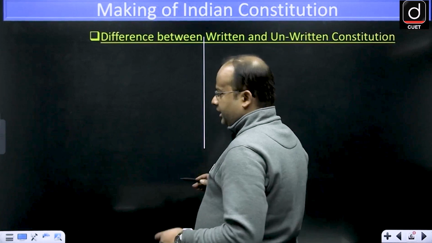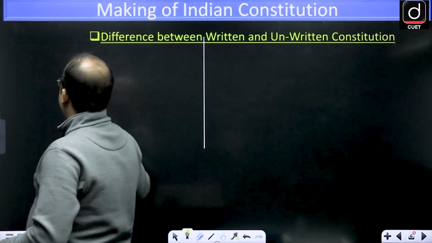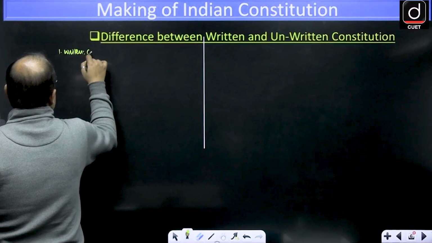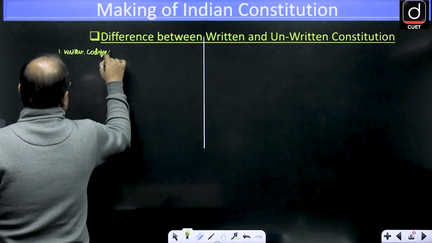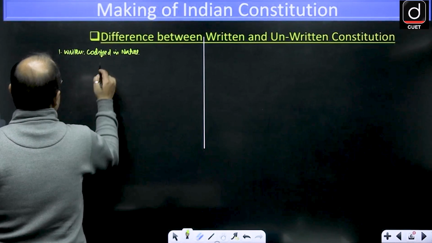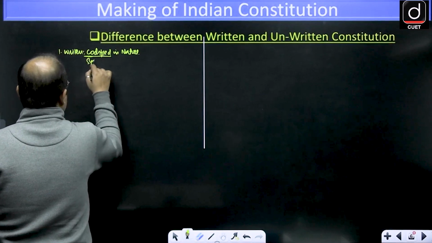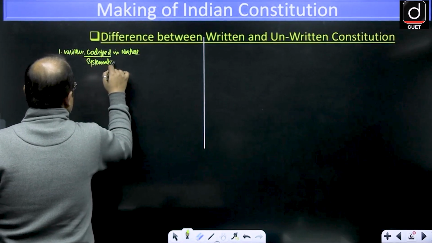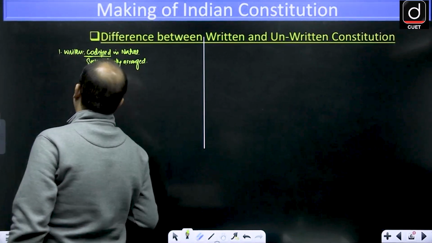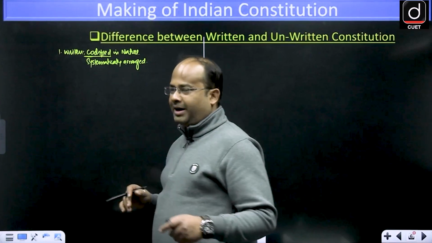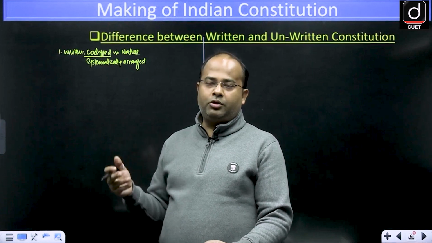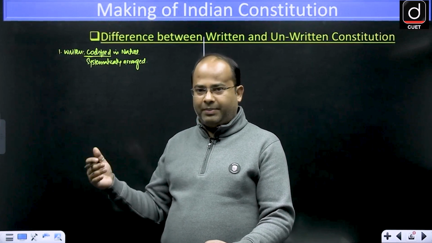See, there are a few differences between written and unwritten. The first is that the written constitution is codified in nature. Codified means systematically arranged in nature. That means if part 3 discusses fundamental rights, then all the articles related to fundamental rights will be in part 3.